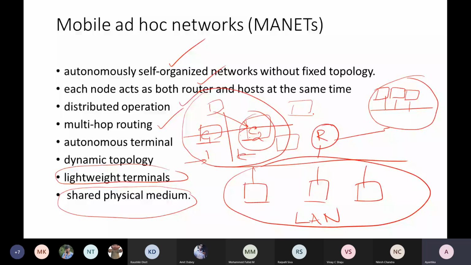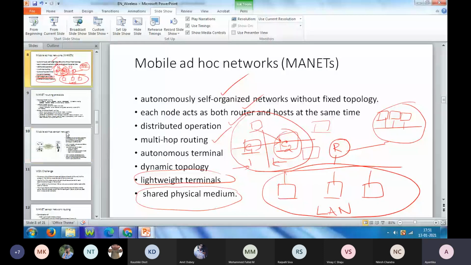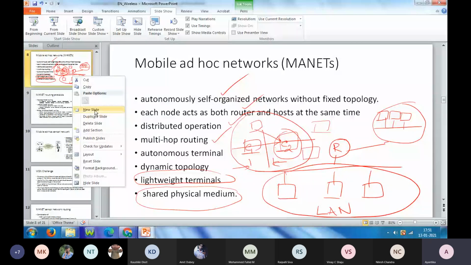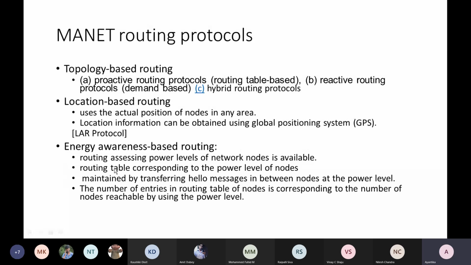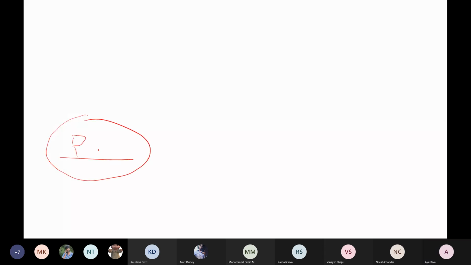Then it is multi-hop routing. Multi-hop routing means, okay, you are having one LAN.